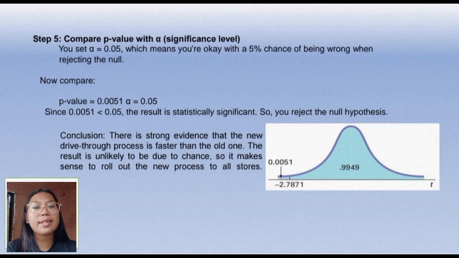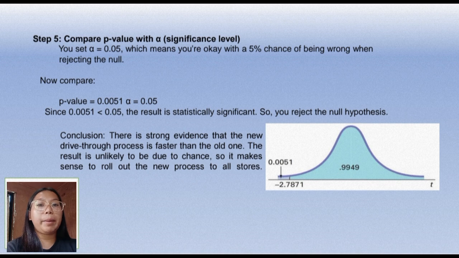Next, we compare the p-value with alpha, our significance level. Our significance level is 5%, so alpha is equal to 0.05, which means we're okay with a 5% chance of being wrong when rejecting the null.